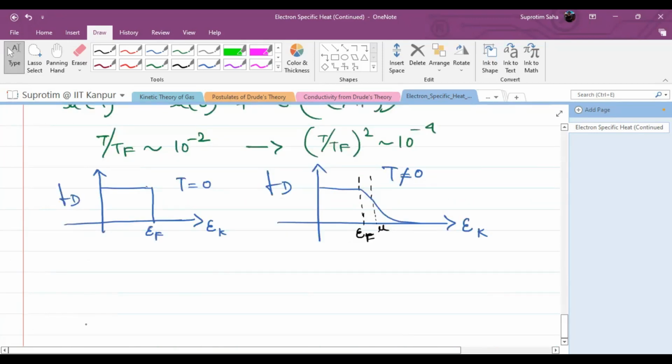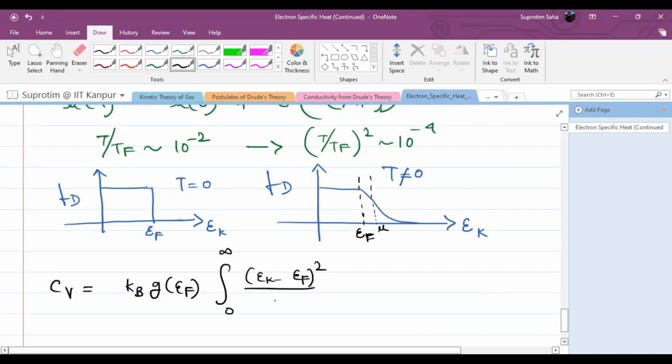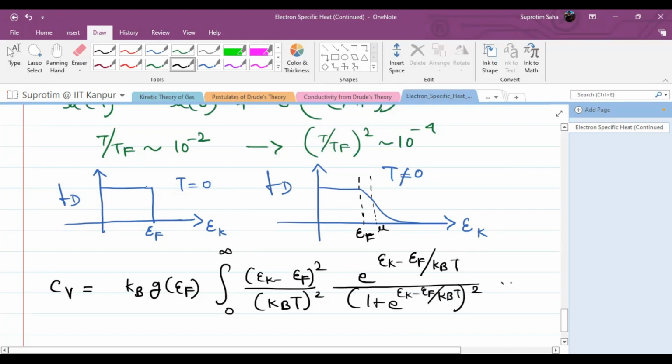C_V is k_B g of E_F, integral from 0 to infinity of (E_k minus E_F) squared by k_B T squared, e raised to (E_k minus mu) by k_B T, writing mu as E_F, divided by 1 plus e raised to (E_k minus E_F) by k_B T, whole squared, d E_k.